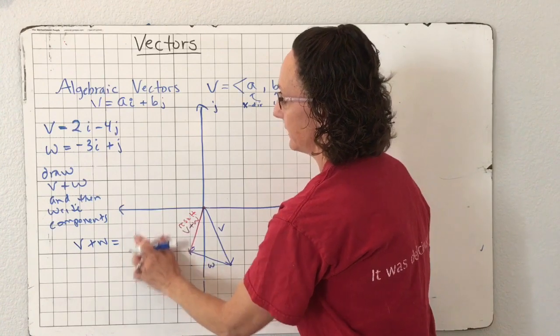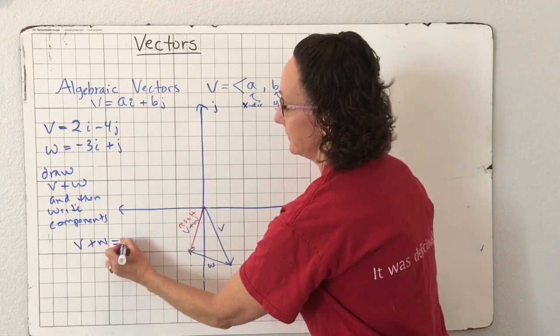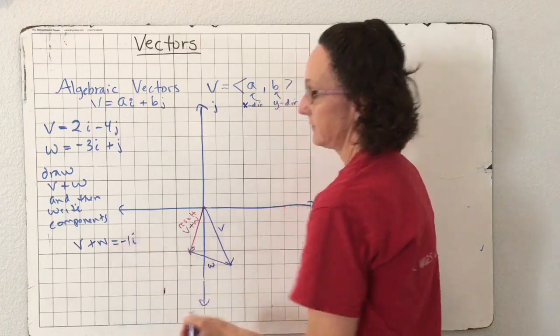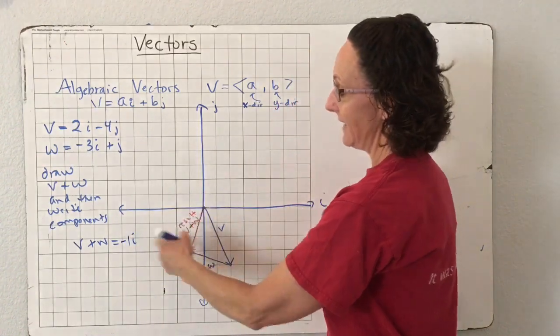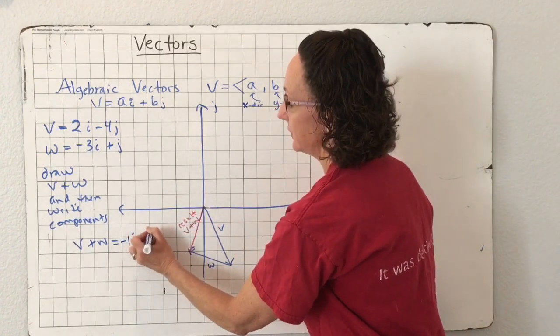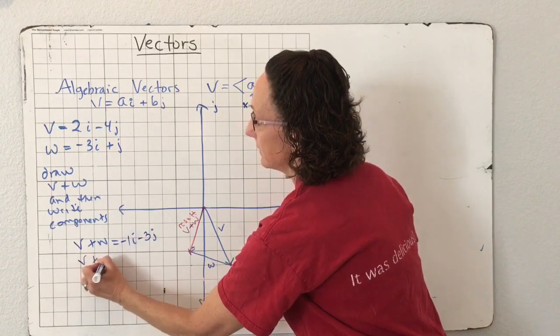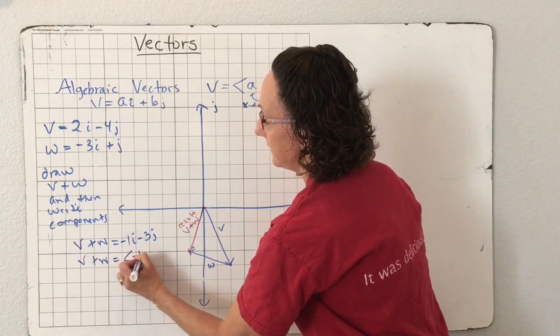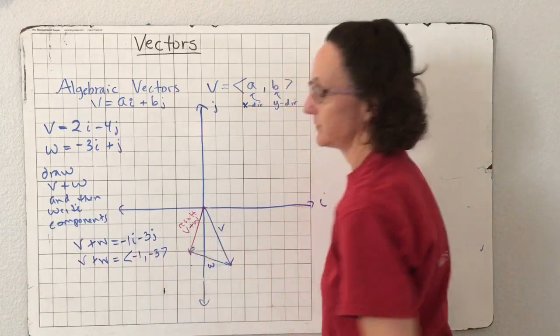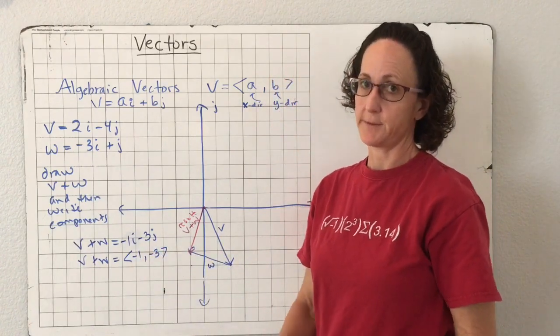Let's do this again. In the i direction, it's negative 1i, because it's this way. And then you're going down, so it's minus 3j. Or you can write it like this: negative 1, negative 3. Those are the two ways to write it. Sorry I messed that one up.